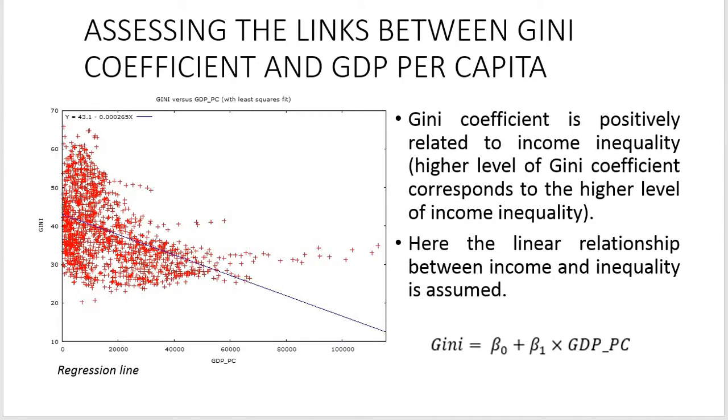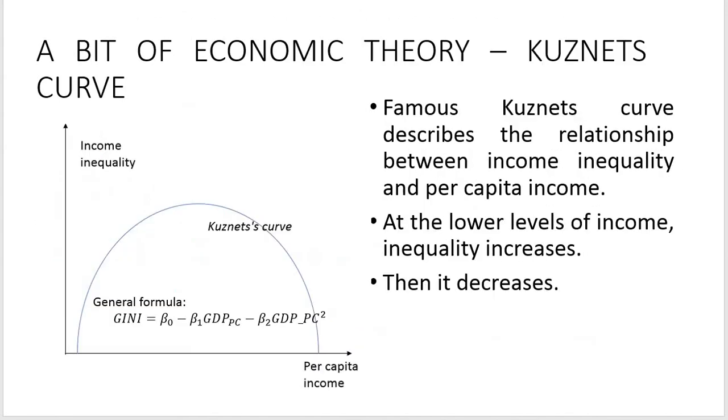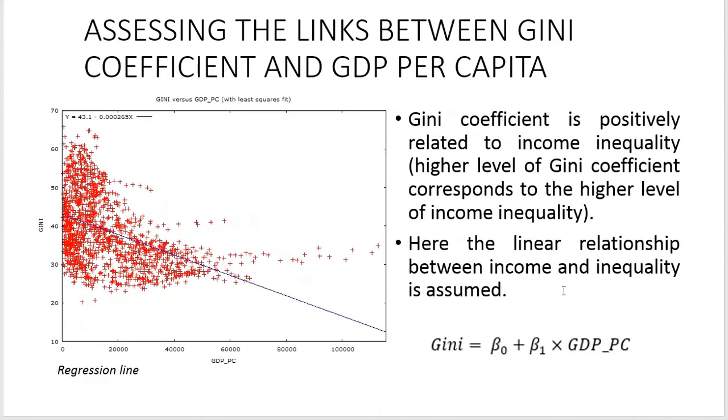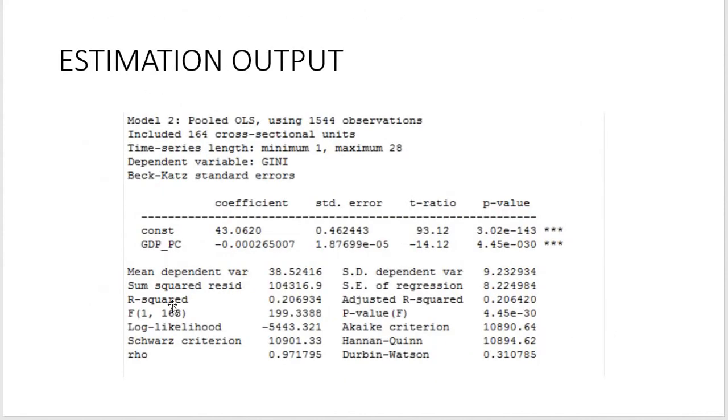As I said, this model is misspecified intentionally. This is how my regression model should look in accordance with economic theory, and this is how it actually looks. So here you have the estimation output. We will get back to this.